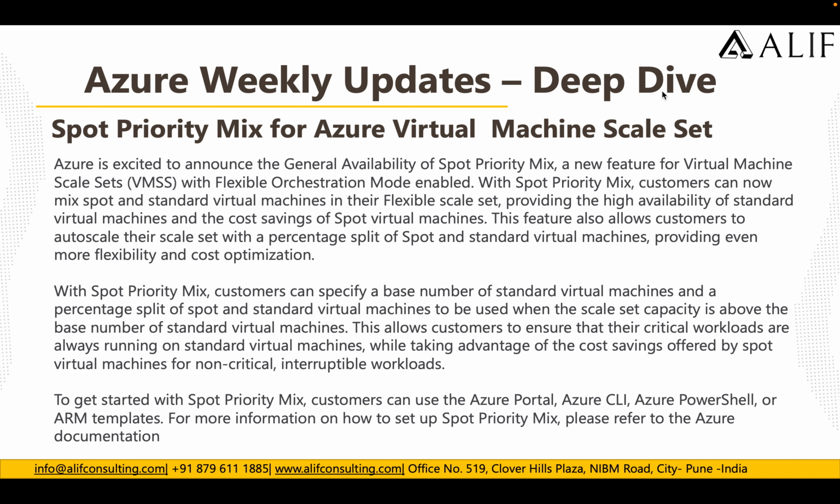Yes, you can split it out however you want to run your scale set, or however you want to run your applications in the scale set for critical and non-critical applications. At the same time, you can take advantage of the cost saving offered by spot VMs for non-critical and interruptible workloads. This feature, the spot priority mix feature, can be enabled using the Azure portal, Azure CLI, PowerShell, or the Azure ARM template.